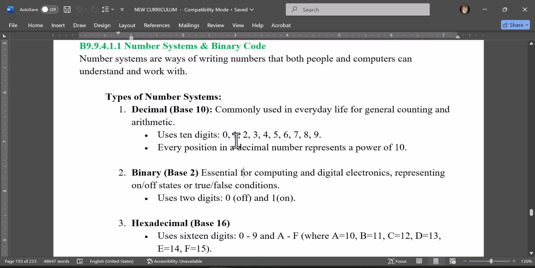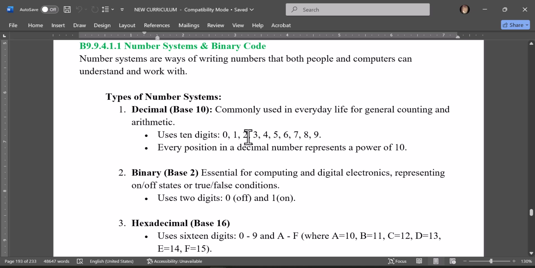So the digits are 10. That is why we say it is base 10. And base 10, which is decimal, is what human beings understand, and that is what we use for counting and performing any arithmetic operation. So the maths that we solve, we use decimal numbers.